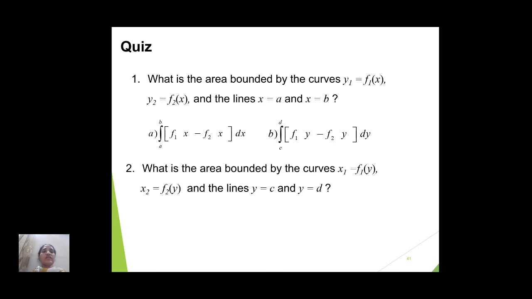Next, what is the area bounded by the curves x1 equal to f1 of y and x2 equal to f2 of y and the lines y equal to c and y equal to d is integral c to d f1 of y minus f2 of y dy.